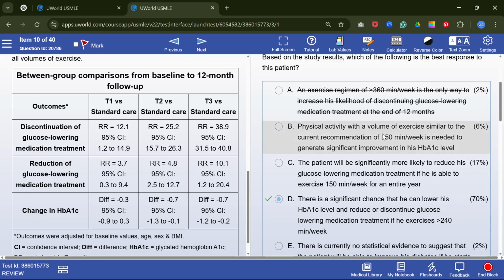And the next one, physical activity with a volume of exercise similar to the current recommendation, 150 minutes per week, like this one, is needed to generate significant improvement in HbA1c level.